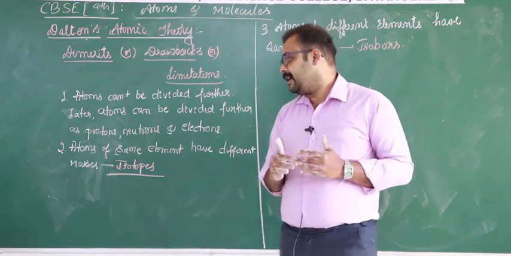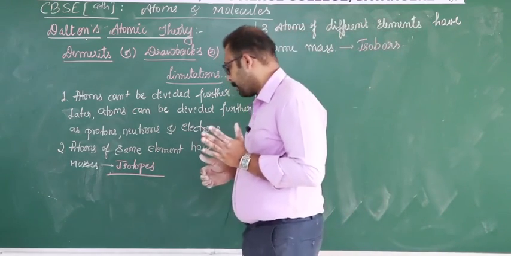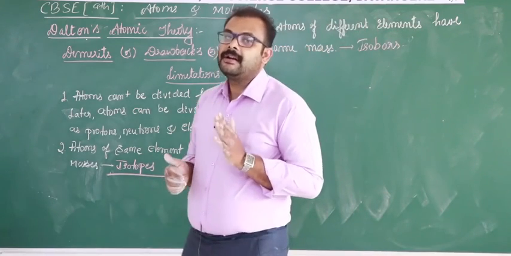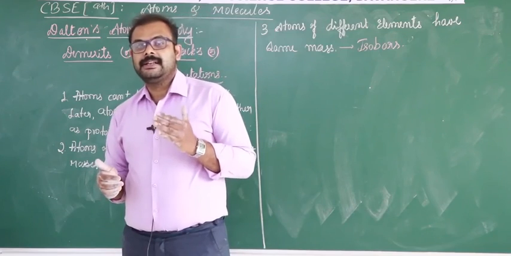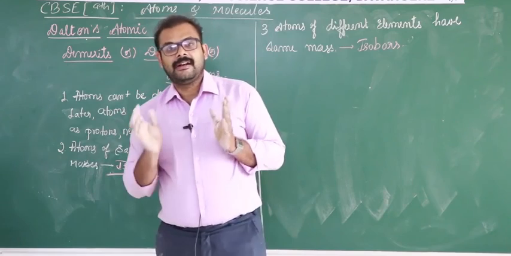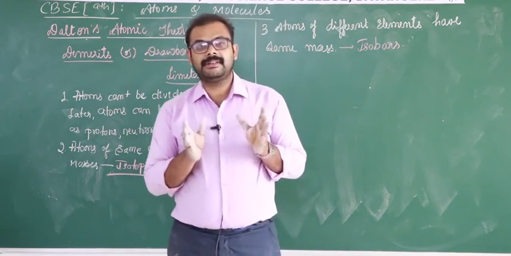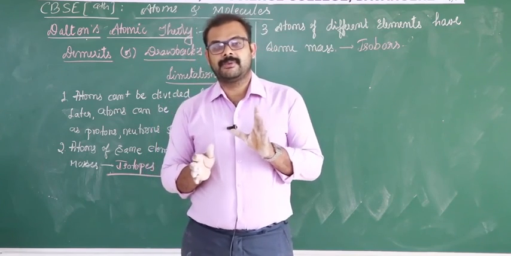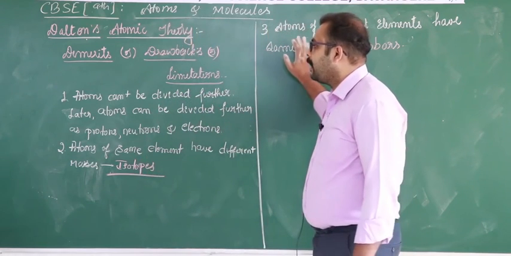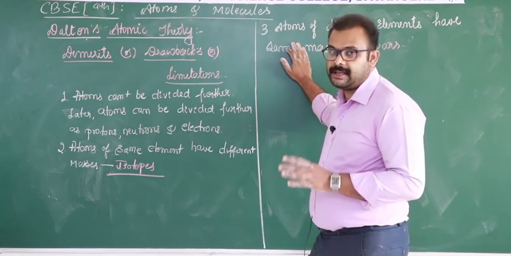Similarly, the number and kinds of atoms in a compound are fixed. This is mainly based on the second law, the law of constant proportion, that while combining to form a compound, the atoms are in the same proportion by mass. So this is about the postulates and demerits of Dalton's atomic theory.